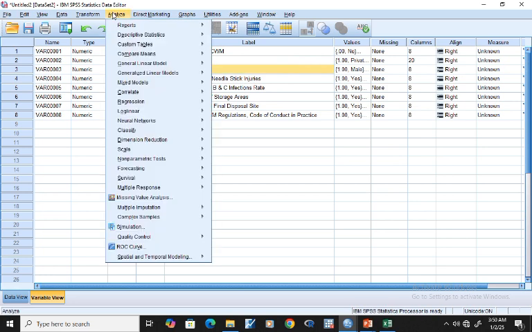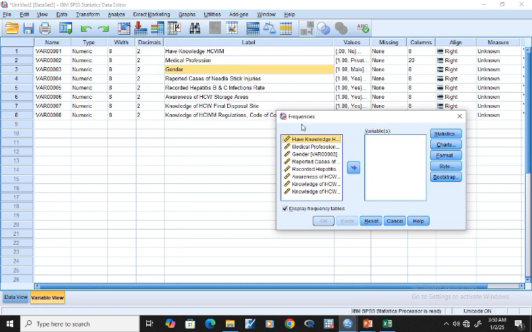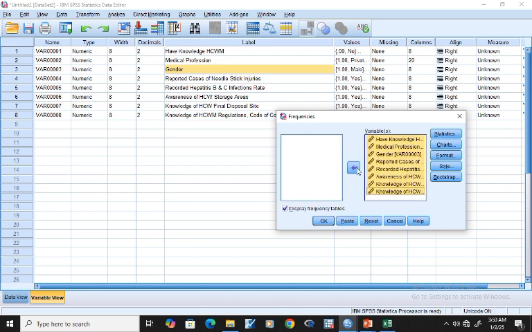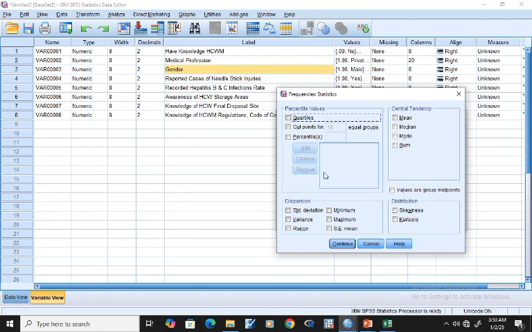So what we'll do, we go to analysis, and we'll go to descriptive statistics, and we'll pick frequencies. When we pick frequencies, all we need is all these variables. You check. And here you can see what you have here. What we don't need here is not necessary because the data at hand is nominal in nature.